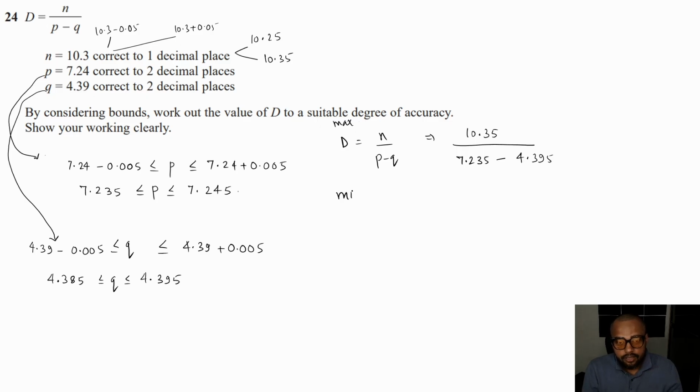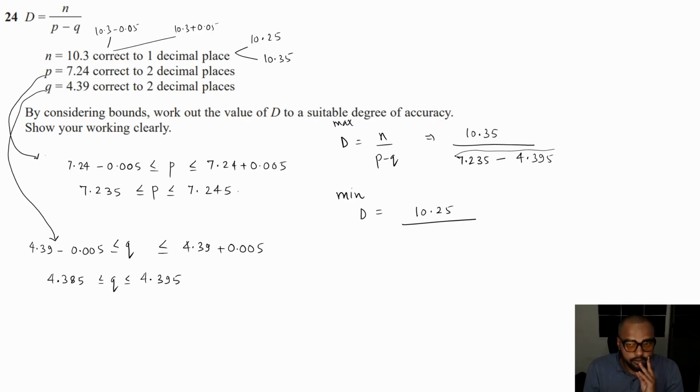Similarly, for the minimum value of d, we should take n as 10.25 over p minus q. For minimum d, the denominator should be maximum.